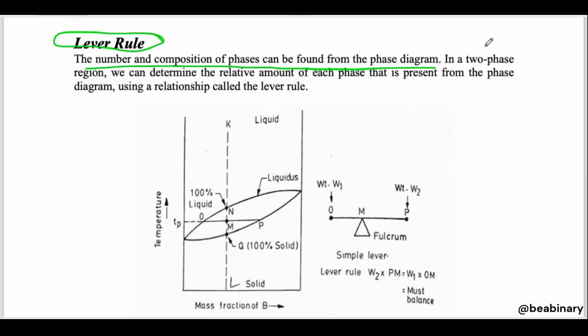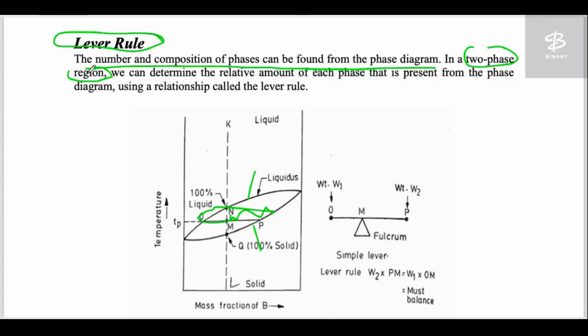Okay, suppose we take the example of the two phase system. This particular region is the two phase region, right? Because above you only have liquid and below you only have solid. The lines which define this region are known as the liquidus line and the solidus line.